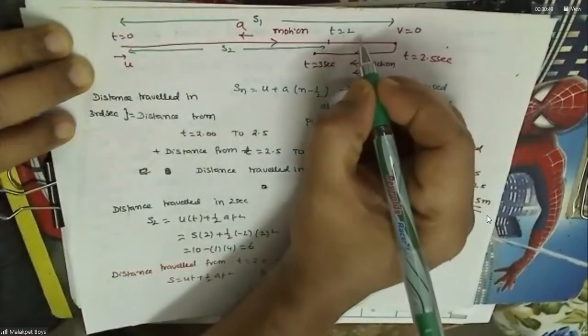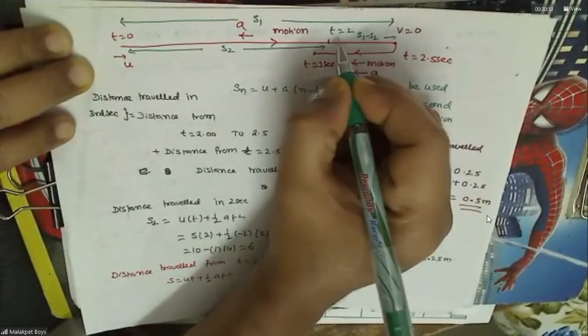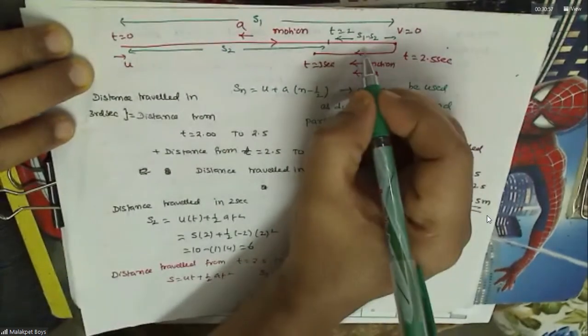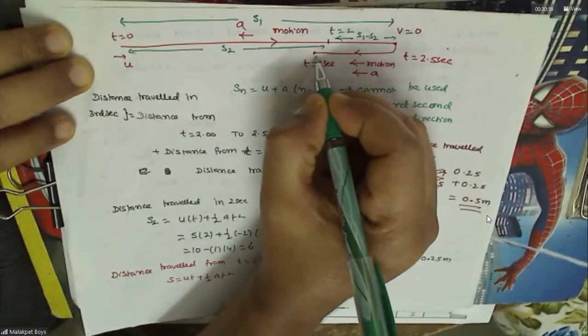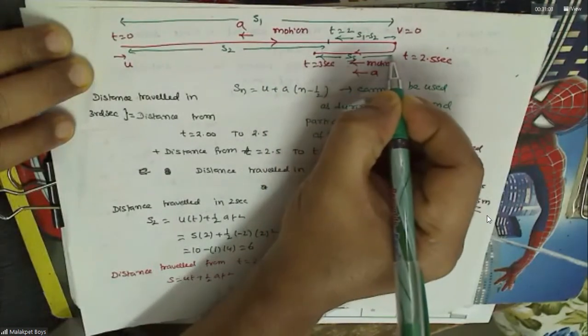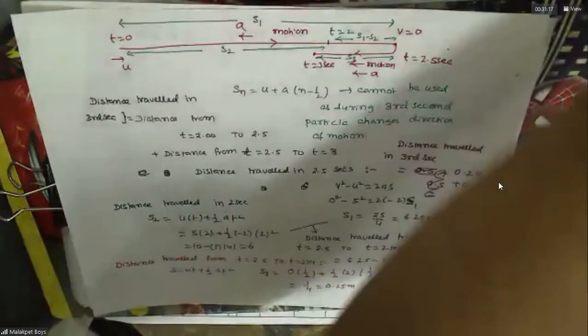Then 2 to 2.5, how you will get this? And this is S3. This is S3. Understood it? Understood, sir. Yes, sir. Shall you turn the page? Yes, sir. 1 minute, sir.